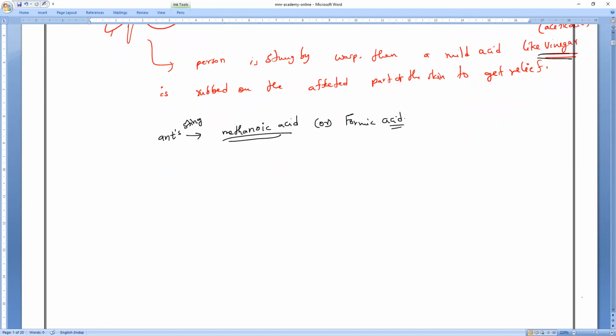Now, let us see animals. Of course, if you consider the snake, sir, if the snake bites, it may cause death for us. It will inject a certain kind of substances into our body where our body pH will change.